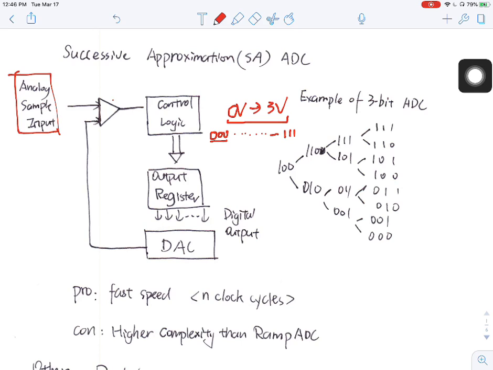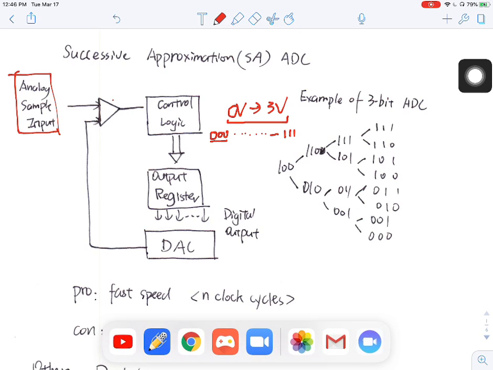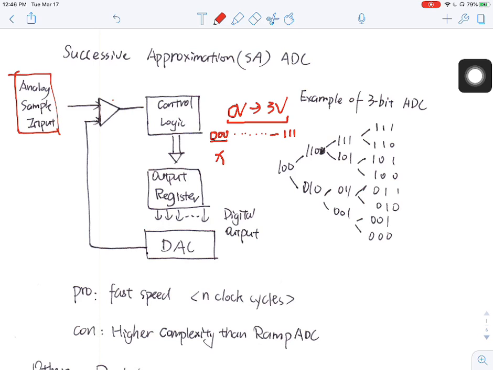Every single time you have a new analog input, it would first compare that input. Let's say that input is X. It will compare the value of X with the middle number between 000 and 111, that is 100.